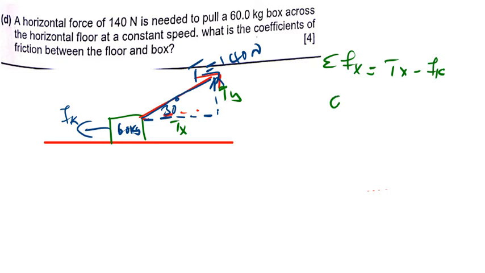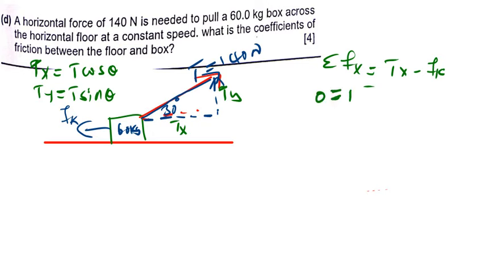So 0 is equal to Tx minus Fk. This Tx is the same as T cos theta, and Ty is T sin theta, like that.